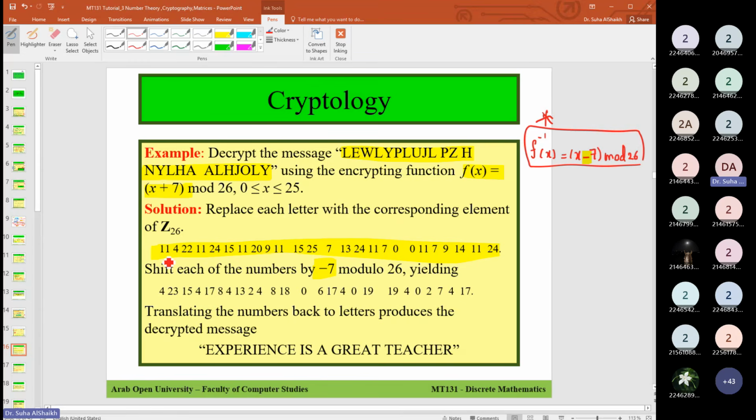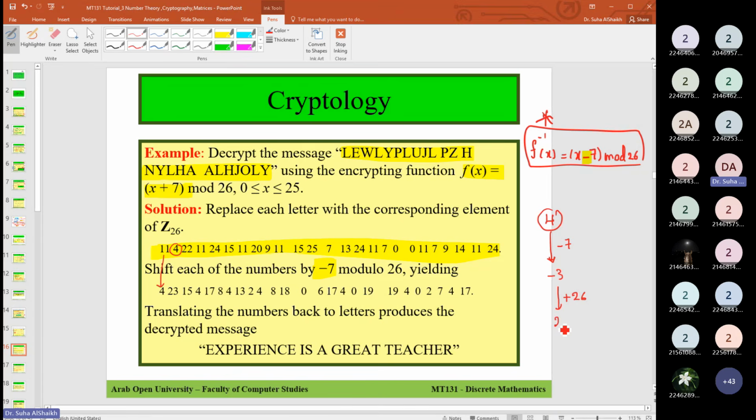Okay, if you subtract 7 from 11, this is 4. Now the 4, let's see the 4. If we subtract 7 from the 4, what will be the result? The result is minus 3. Do I have minus 3 in my table? No. So to stay within the 26 letters, we add the 26. It's the opposite operation, right? There we were adding 7 and subtracting 26. Here we add the 26.